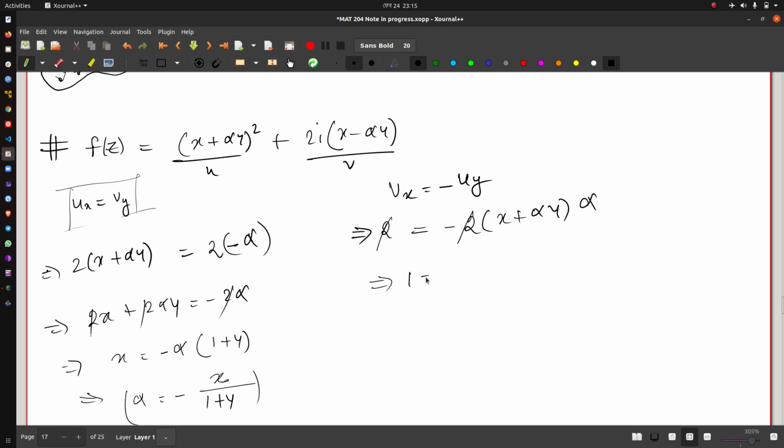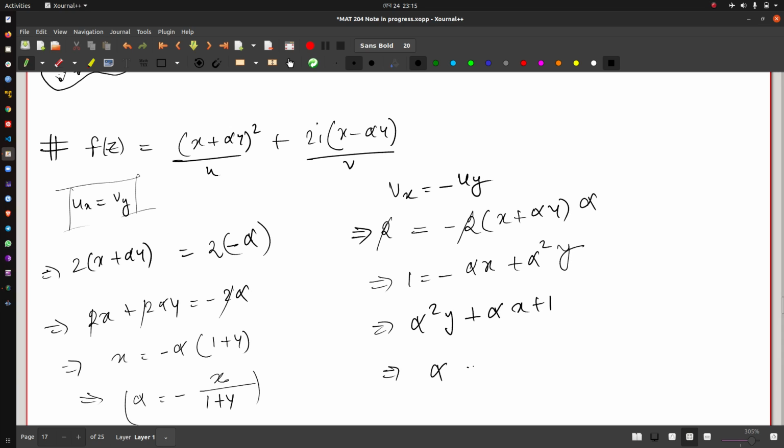And now you have 1 equals to minus alpha x plus alpha square y. So you have a quadratic equation for alpha. Now you can solve it as well.